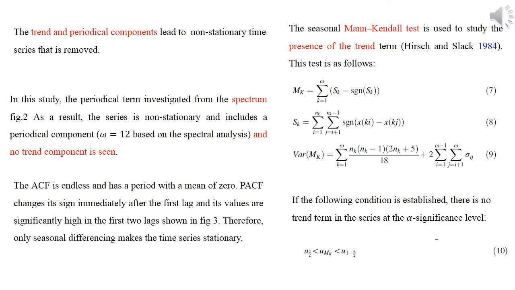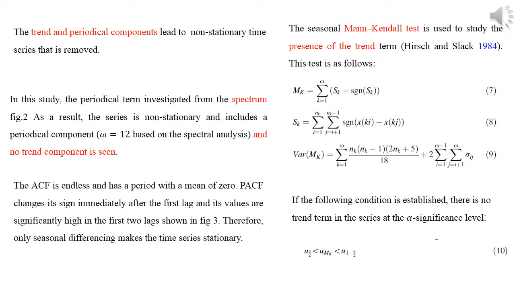We have to check whether the time series data is stationary or non-stationary. So trend and periodical component should be checked for stationary or non-stationary data. If trend and periodical component are present, that means the time series is non-stationary, and we have to first convert it into stationary. From the figure 2 spectral figure, we can also see that the periodical component omega equal to 12 is there.